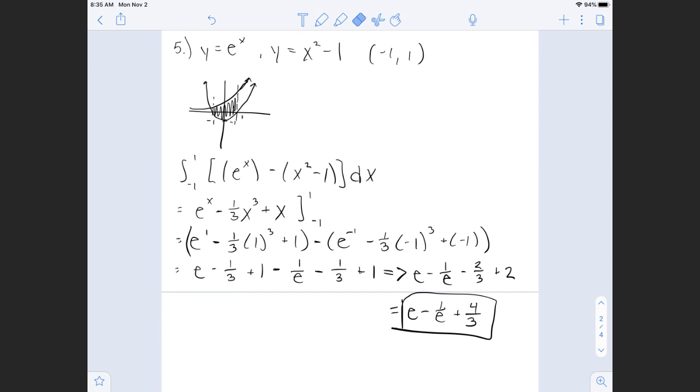Nine, we see we have a function of x in terms of y, right? We're not given upper limit or lower limit, so we have to solve for it. We set the two equal to each other, right? Then we solve for y.